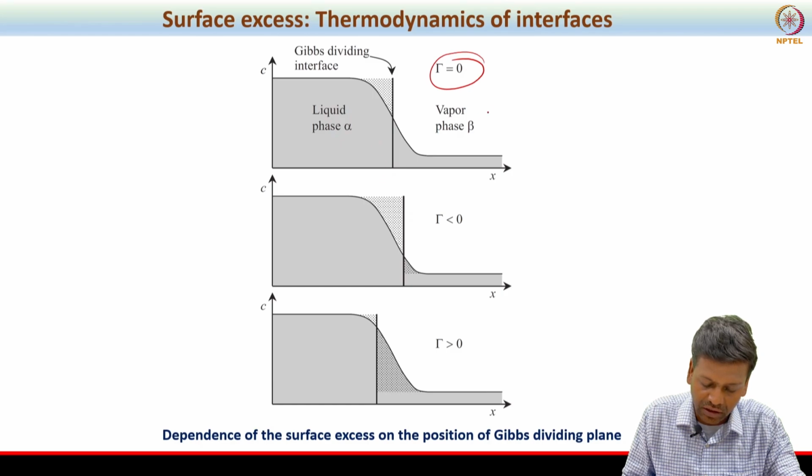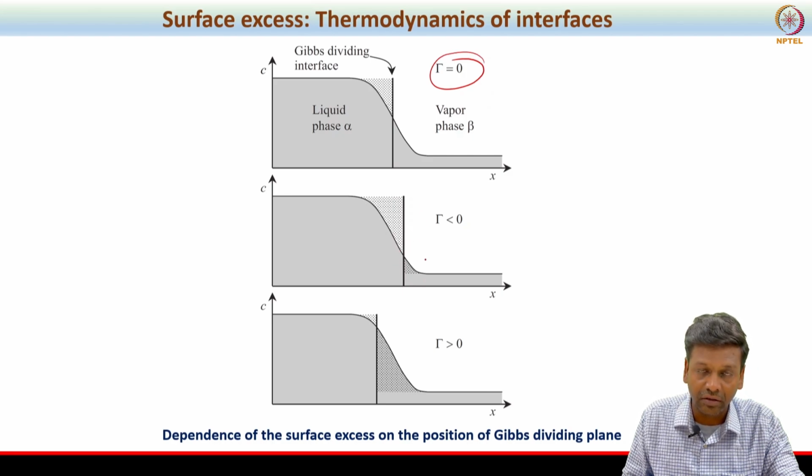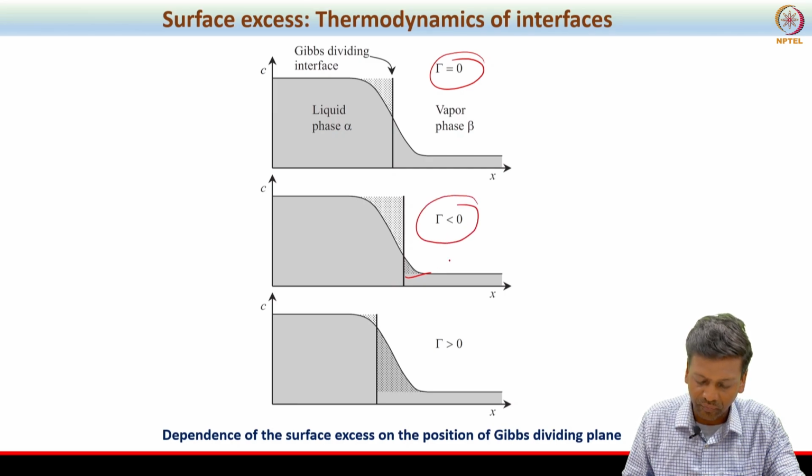In this case this gamma is 0, whereas here if you choose the reference plane slightly towards the right, closer to the adjoining bulk phase, you would expect that the surface excess will be less than 0. You would expect negative surface excess in this case.